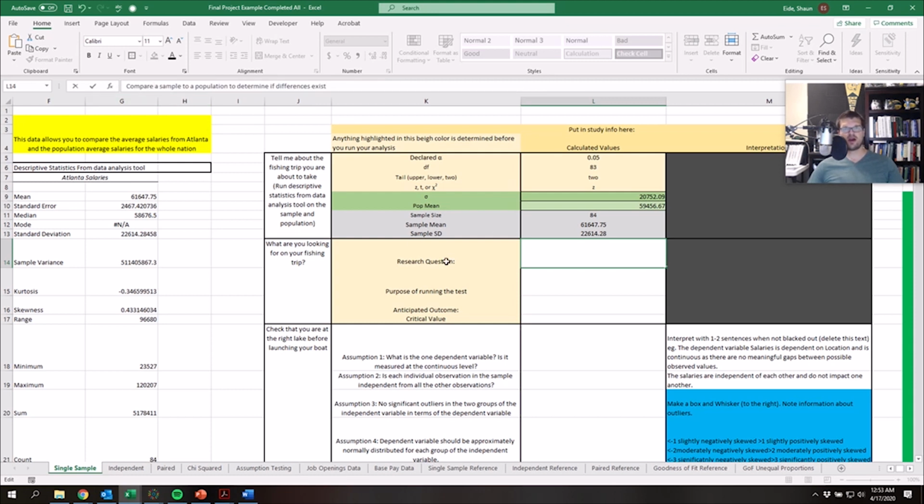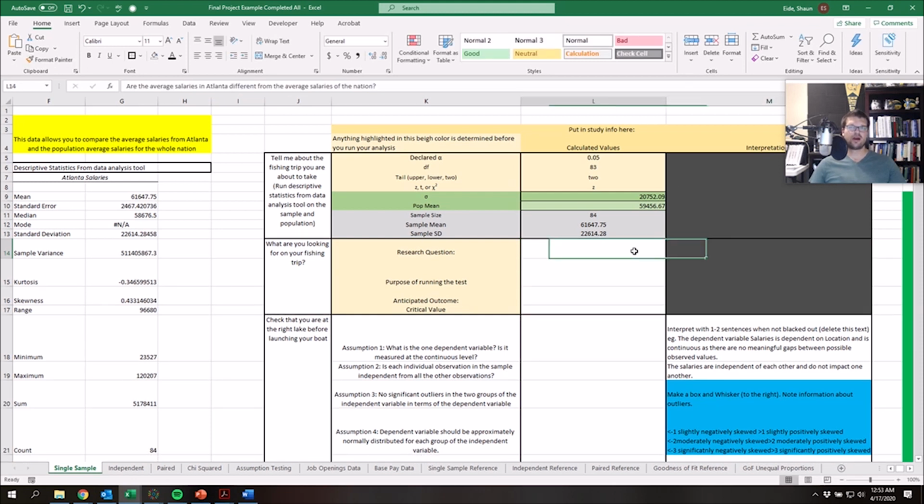And so for my research question, I'm going to say, are the average salaries in Atlanta different from the average salaries of the nation? And that's my research question. I just took the purpose and I made it into my research question.